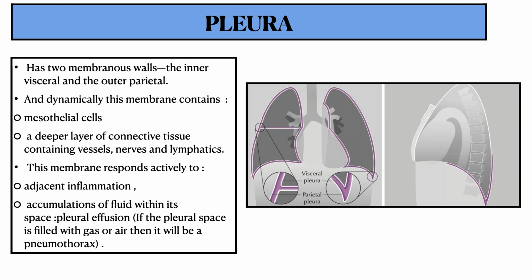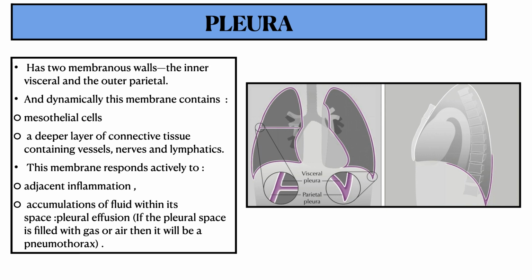Firstly, the pleura looks like a sac enveloping the lung, and it has two membranous walls, the inner visceral and the outer parietal. This membrane contains mesothelial cells and a deeper layer of connective tissue, which contains vessels, nerves, and lymph.